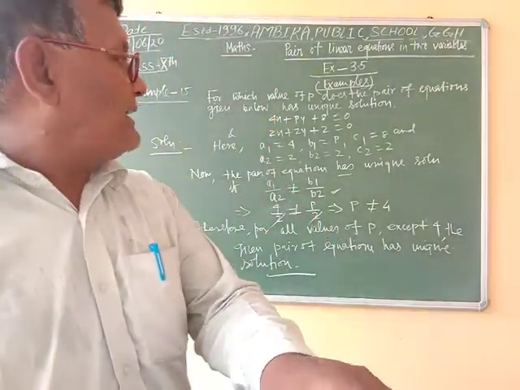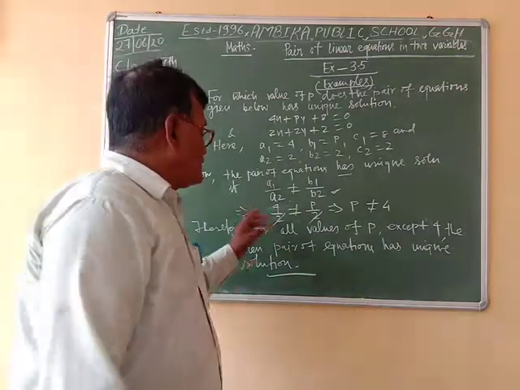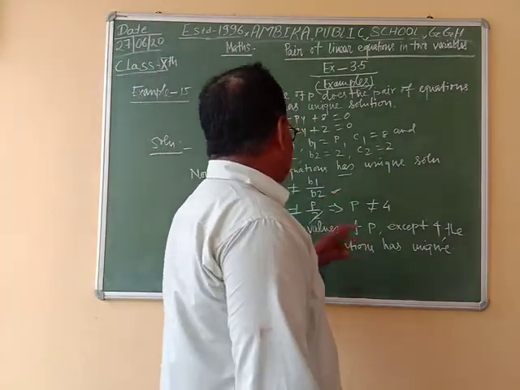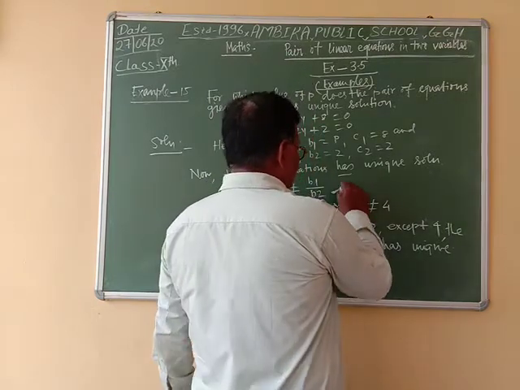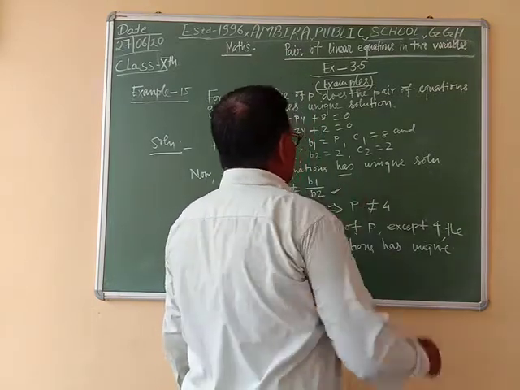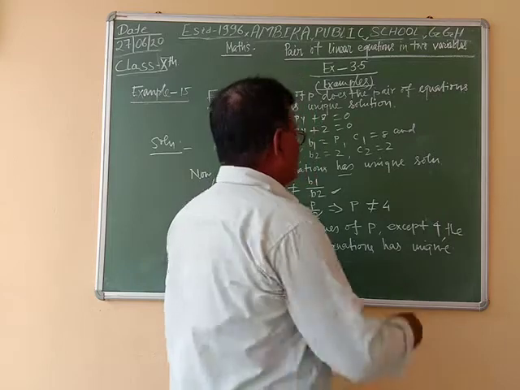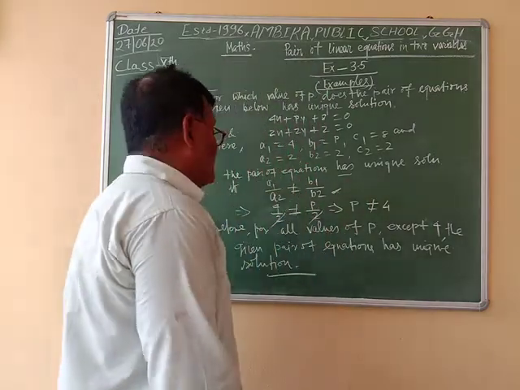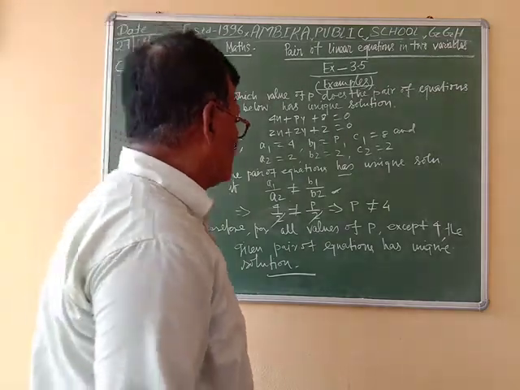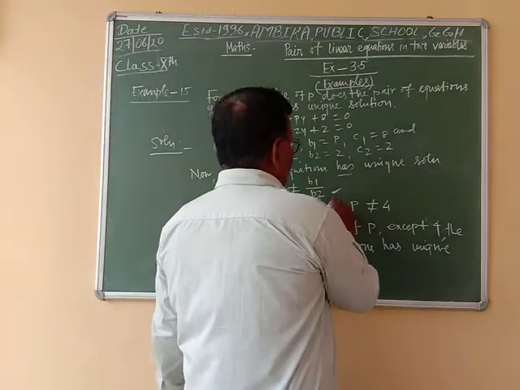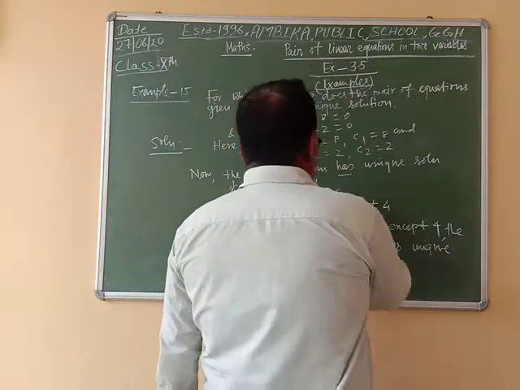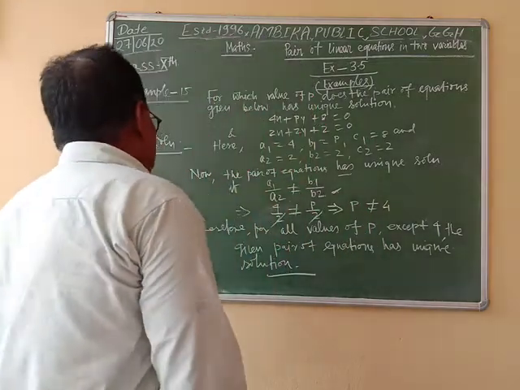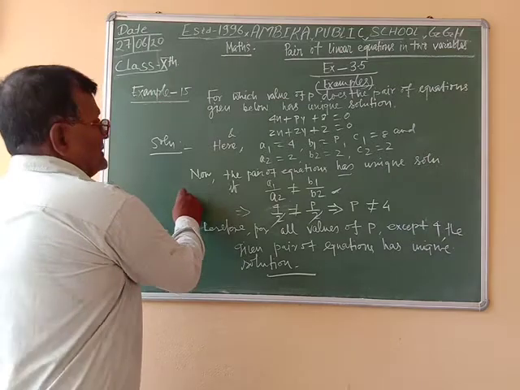If a1 by a2 is equal to b1 by b2 not equal to c1 by c2, then in this situation, the equation has no solution. But if a1 by a2 is equal to b1 by b2 and is equal to c1 by c2, then the equations have infinitely many solutions. You have learnt in previous class.